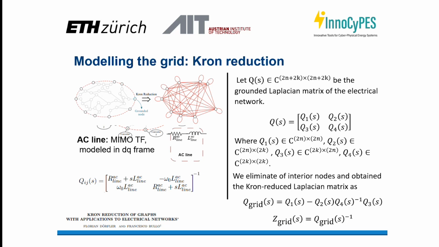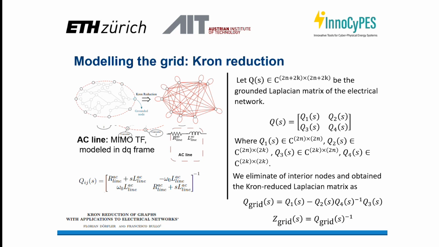The Laplacian is a square matrix of size 2n plus 2k, n being the number of converters in the grid, k being the interior nodes of the grid, and 2n because it is in the DQ frame.